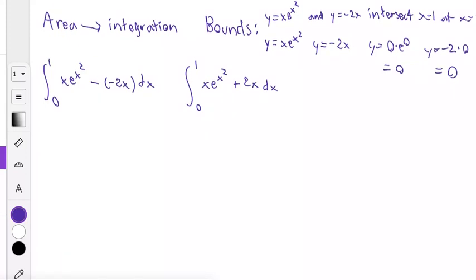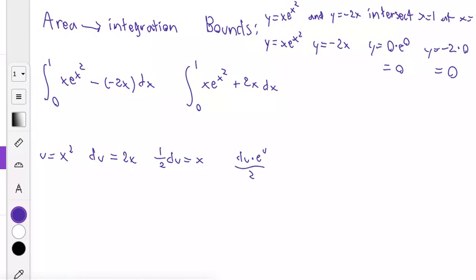Now we have our integral, and we can start solving for the values of the area. To integrate xe to the x squared, we can use u sub. We'll let u equals x squared, so then 1/2 du is equal to x. So for the xe to the x squared part of the integral, we can now make it du times e to the u over 2.